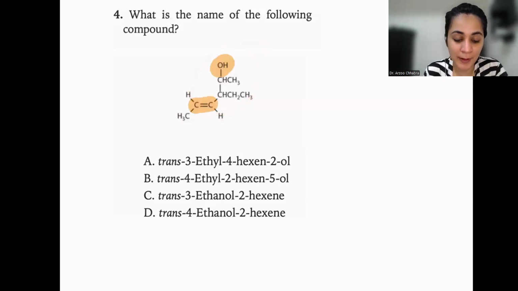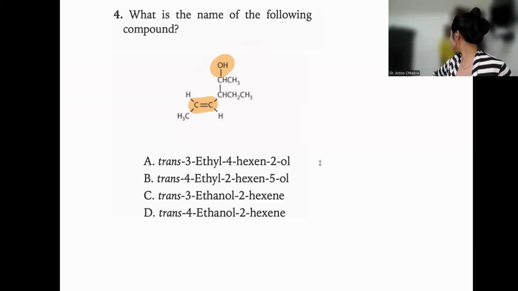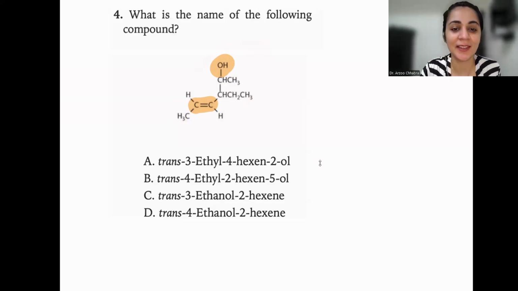Right now, for example, here, the two functional groups that we actually have are an alcohol versus an alkene. So if I were to start numbering from here, this is number 1, all right?